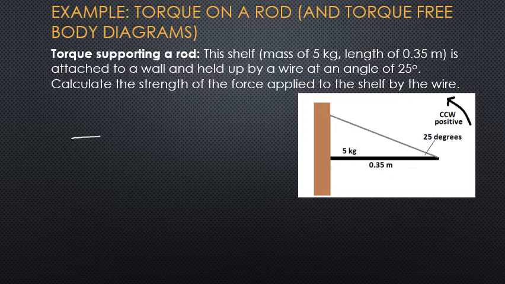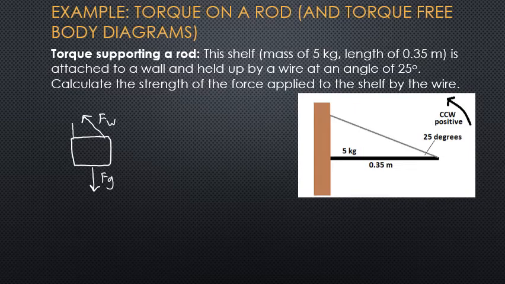So if we drew a regular free body diagram for this shelf, then obviously gravity is attempting to pull the shelf downwards. The wire is supporting the shelf at this angle here of 25 degrees, so we've got a force from the wire there lifting the shelf up.